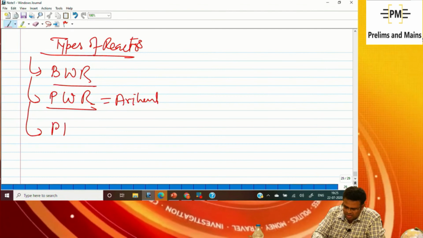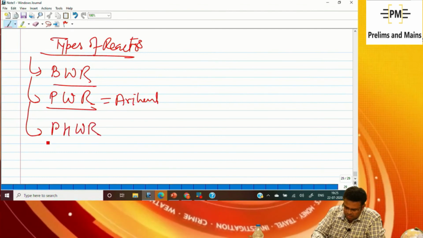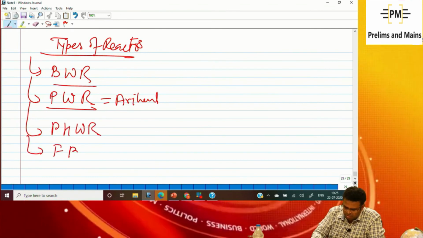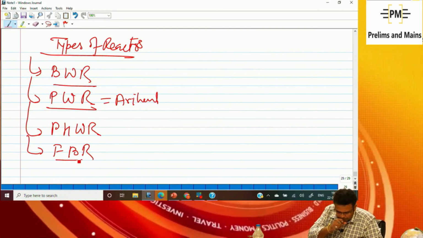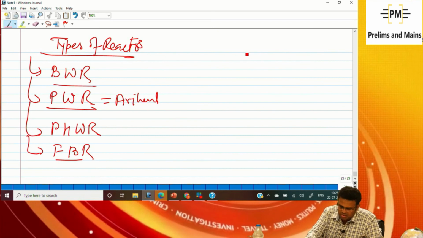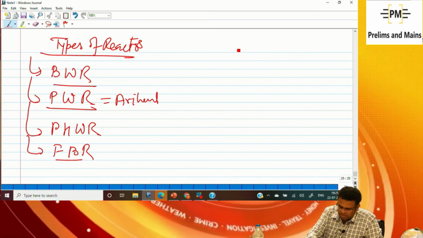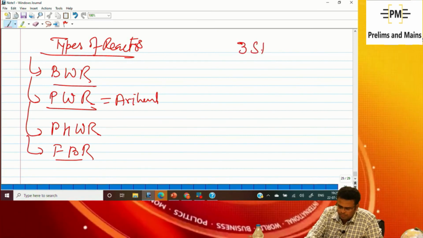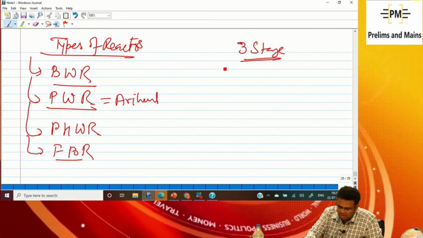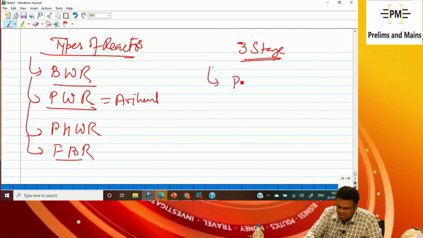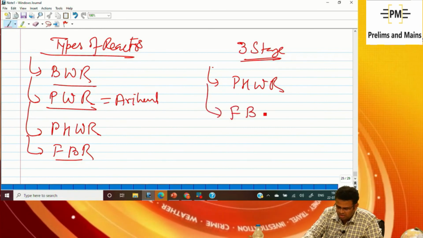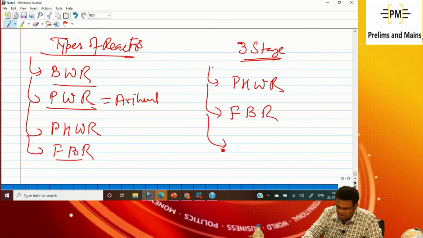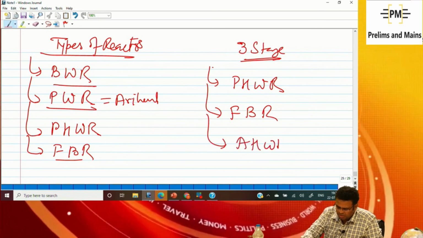And there is the pressurized heavy water reactor, and the fast breeder reactor. India is using a 3-stage program: the first is the pressurized heavy water reactor, the second stage is the fast breeder reactor, and the third stage is the advanced heavy water reactor.